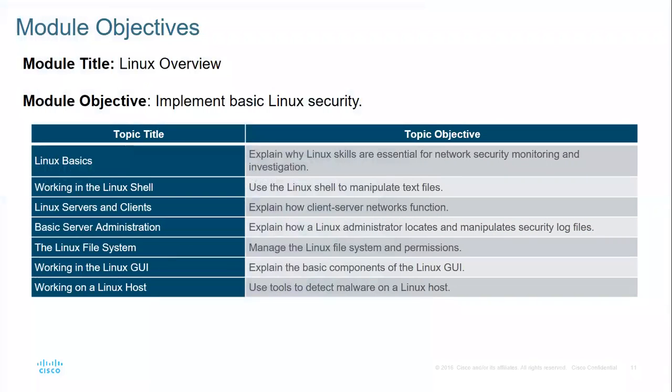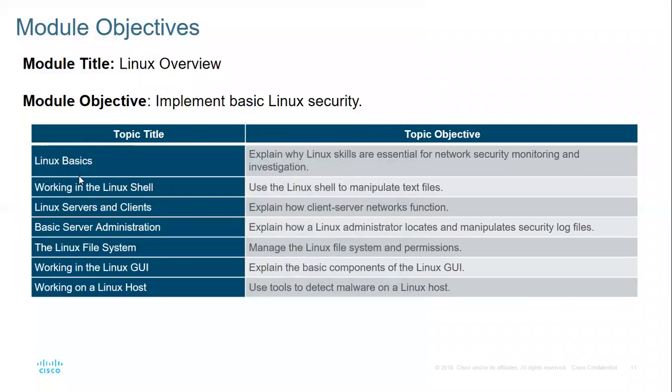Okay, so Linux overview is our title. What is the main objective here? The main objective is to implement basic Linux security. These are some subtopics, and these are the objectives per topic that we are going to achieve. So you see, Linux basics.